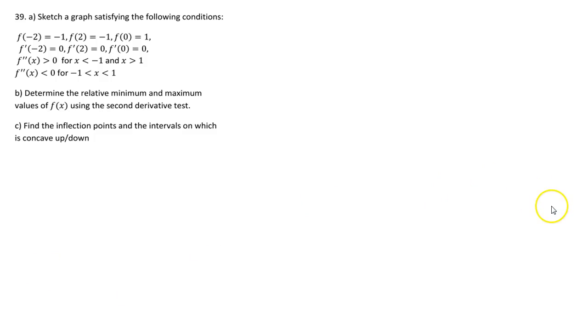Sketch a graph satisfying the following conditions. Okay. It's always handy to see if you can put some number line. So I guess these are not inequalities. I don't know if anything is positive or negative, so you can't change this to number line.